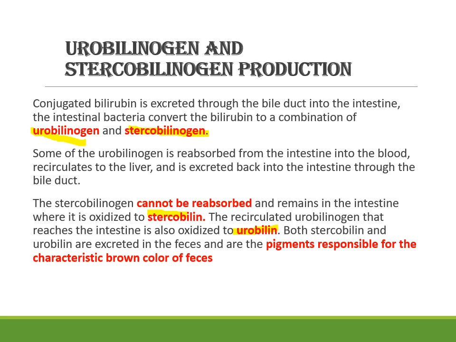The common denominator among these two pigments is that they are responsible for the characteristic brown color of feces. That's why the normal color of our stool or feces, guys, is brown, light brown, or dark brown, due to the pigments stercobilin and urobilin.